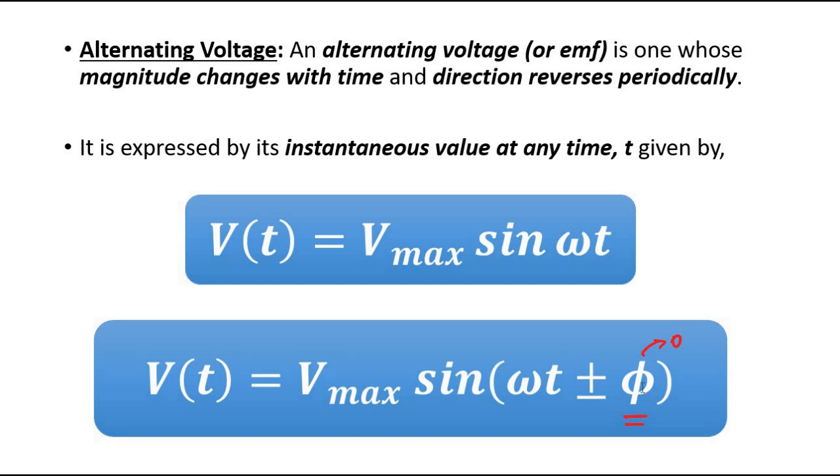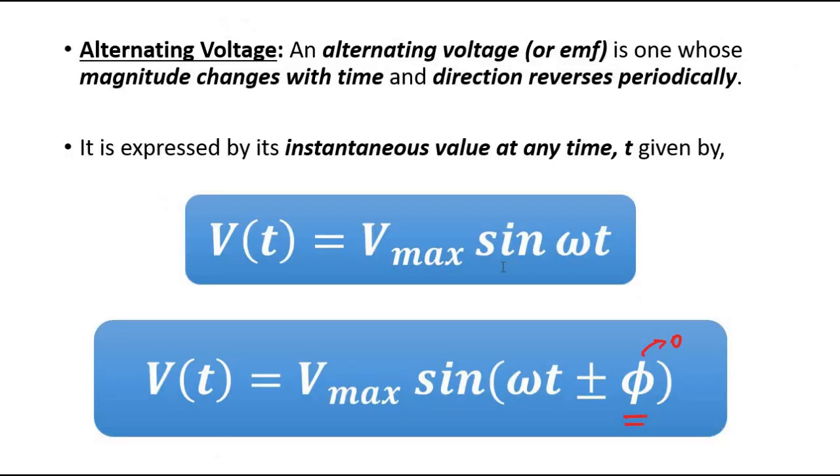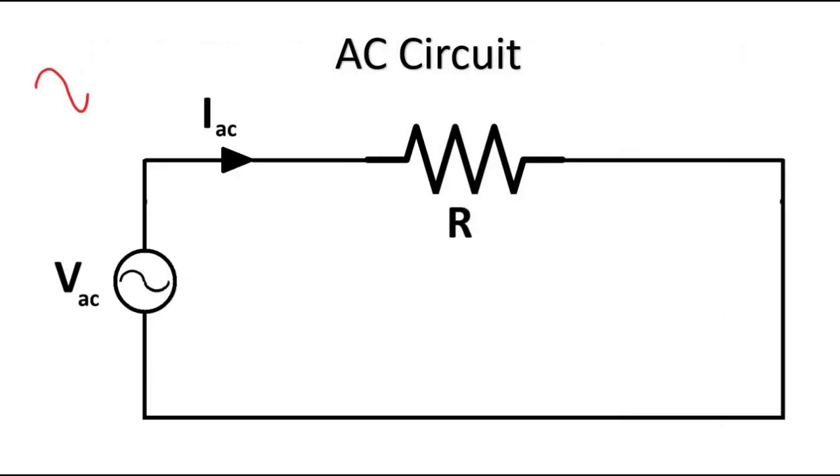Phi is the initial phase angle, but here it is 0 because the waveform starts from 0. For now just focus on this mathematical relationship, Vmax sine omega t. So what happens here, let us try to understand this circuit. Let me copy it.